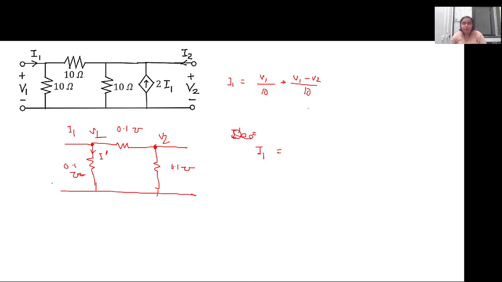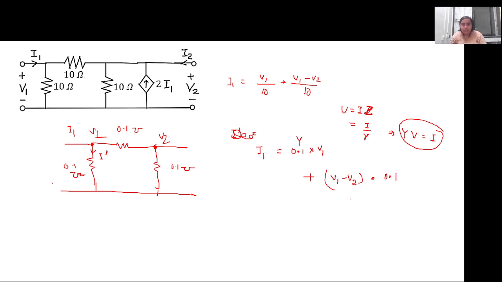Now what I'll do is, you know the relation V equal to IZ, so I equals V by Z. So with admittance, admittance into V is equal to current. Here Y is 0.1, into V1, plus the voltage is V1 minus V2, and the branch admittance is also 0.1.